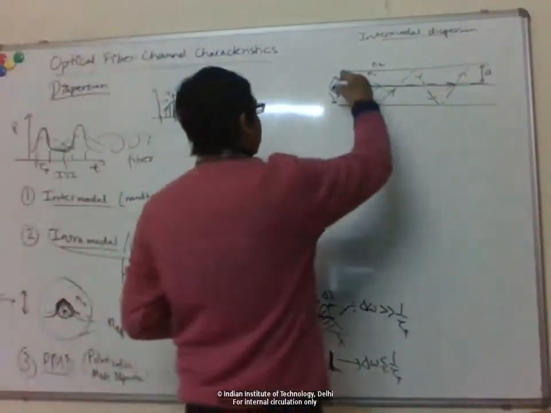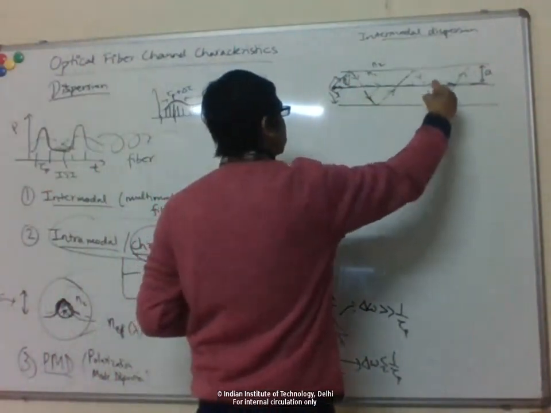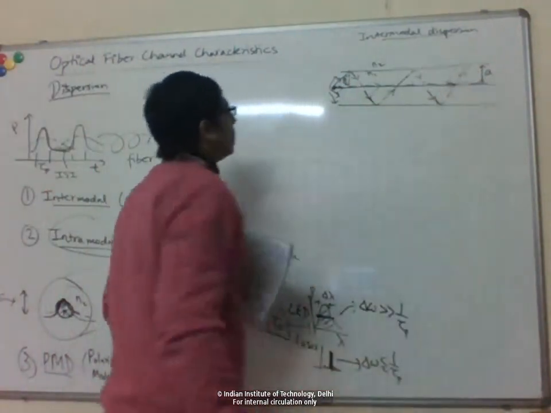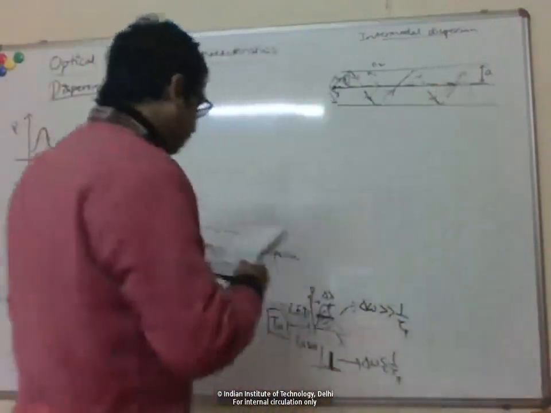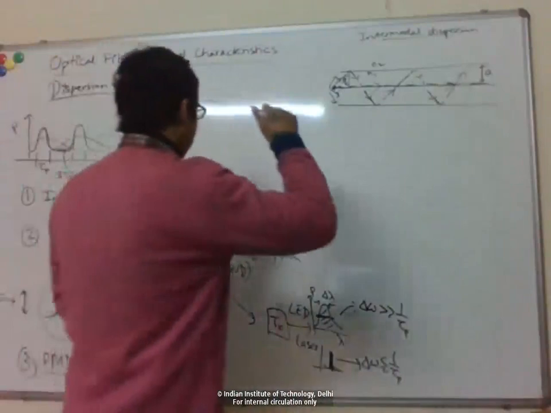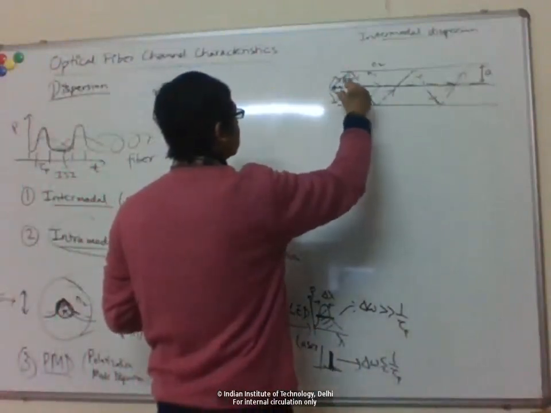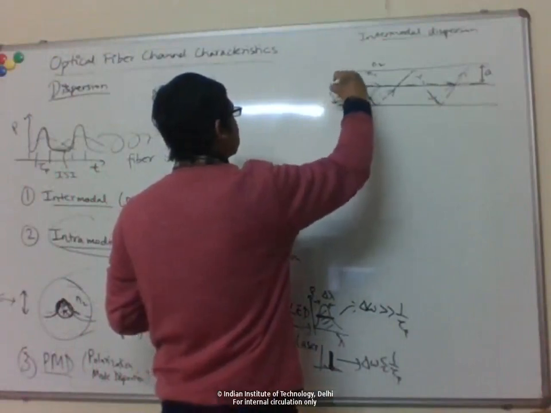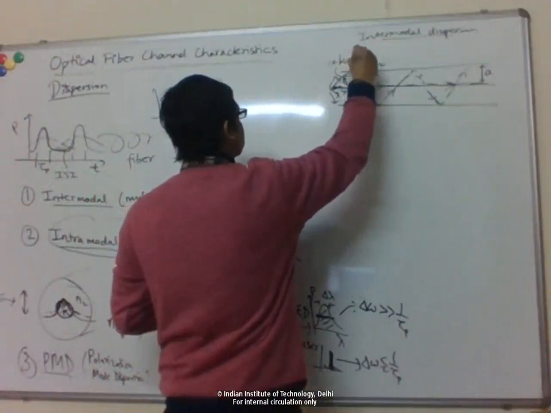So the longest path will be taken by the ray which makes the critical angle. That takes the longest time, and this takes the shortest time. And you can easily check that. If this is x, this hypotenuse here is x over sine theta c.